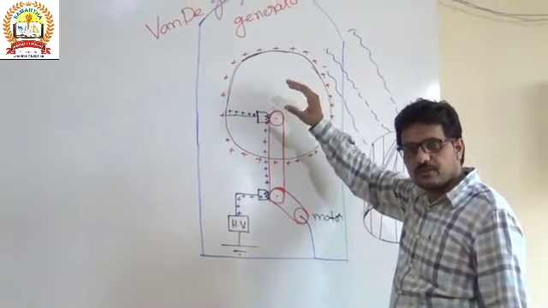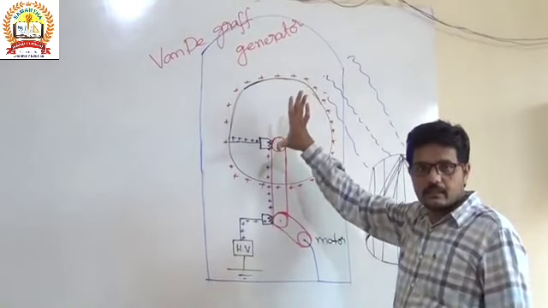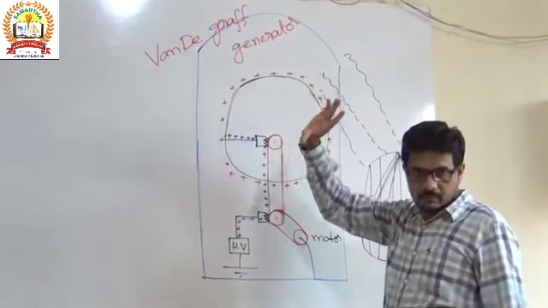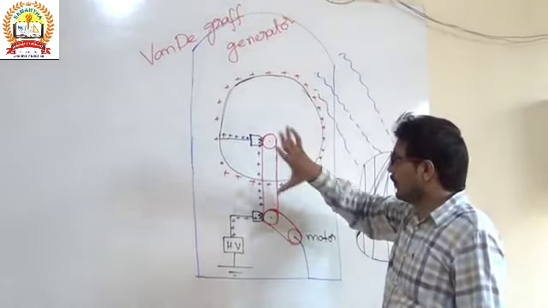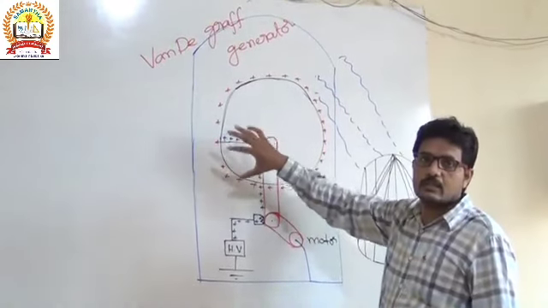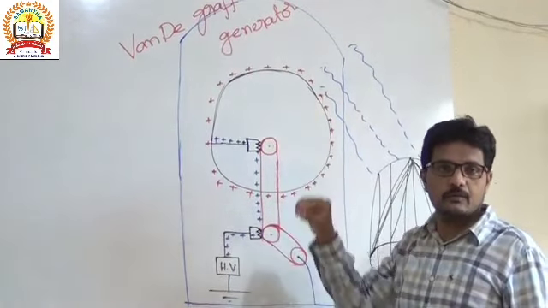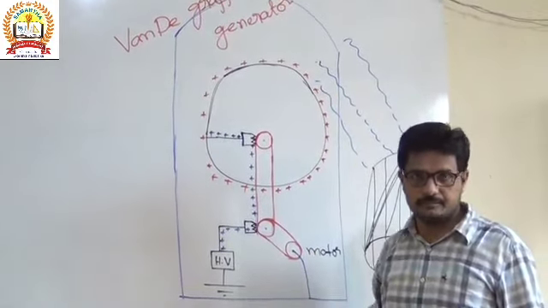How much charge the small sphere has does not matter, but the charge flows from the inner sphere to the outer surface of the outer sphere. That is the main principle of the Van de Graaff generator.